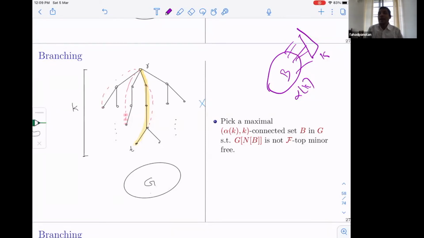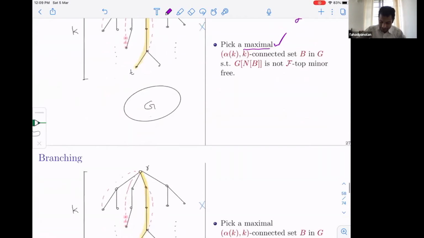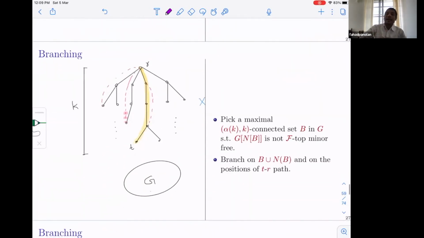And because of the maximality, we can prove that there is one vertex that should be placed in this special T to R path, and that can be proved using maximality. I will not explain in detail, but you use maximality to prove that. So you branch on B union N of B and the positions on the T to R path.